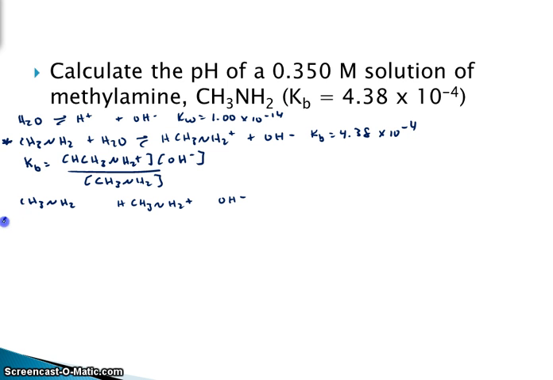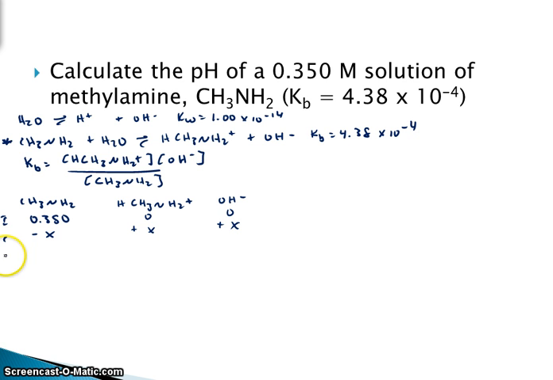So initially, we've got 0.350 molar methylamine, and since the dissociation hasn't taken place yet, we've got none of those ions in solution. We don't know what our change is, but we know that some of that methylamine will react with water, and it's a 1-to-1 ratio, so we'll produce X and X amount of our ions.